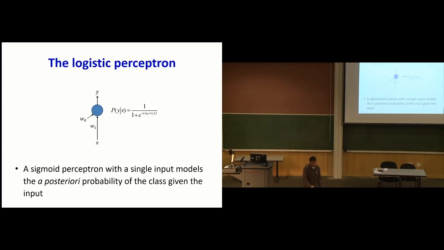The bias tells you where the sigmoid takes the value 0.5, and for a positive weight, this function goes from 0 when x is minus infinity to 1 when x is plus infinity. So this is exactly the curve that we were looking at, right?